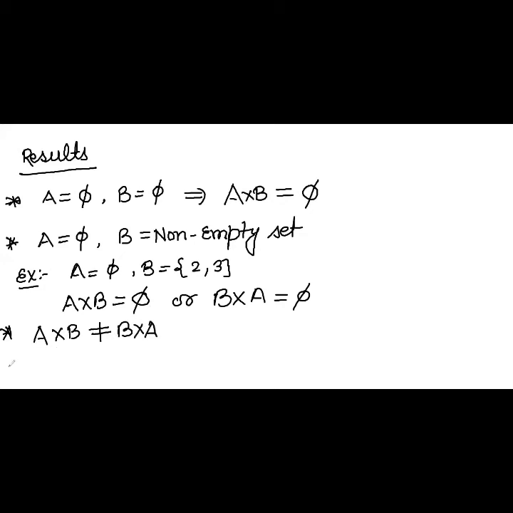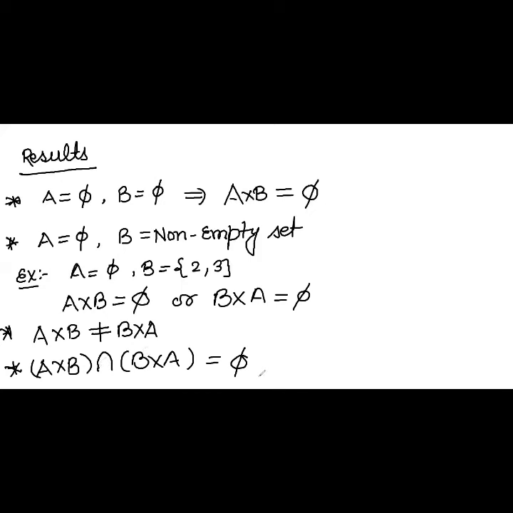One more result is A cross B intersection B cross A. The value will obviously be the empty set. Why? Because we know that A cross B and B cross A are different sets. Both values are different, so there will be no common elements between these two.